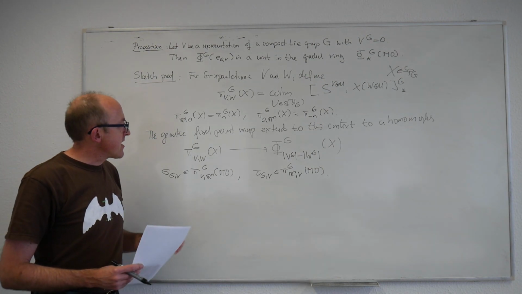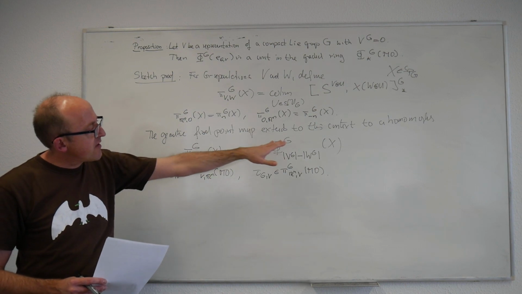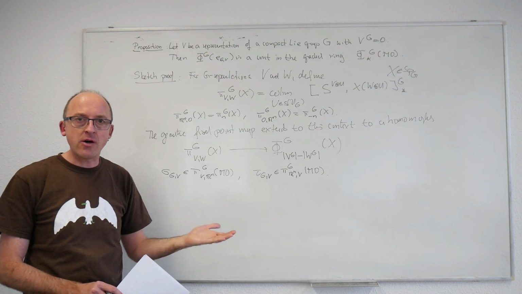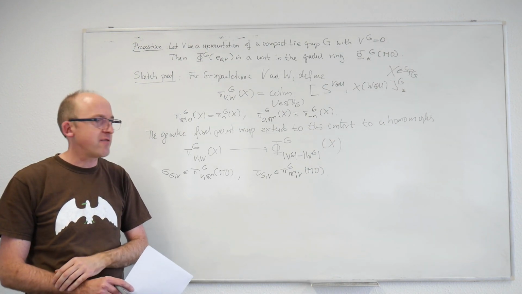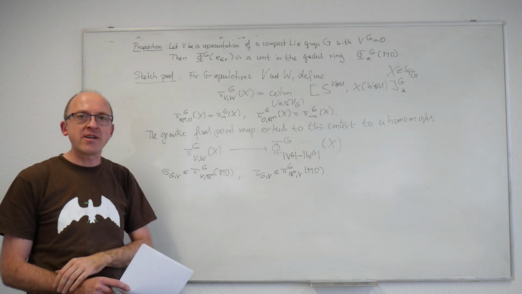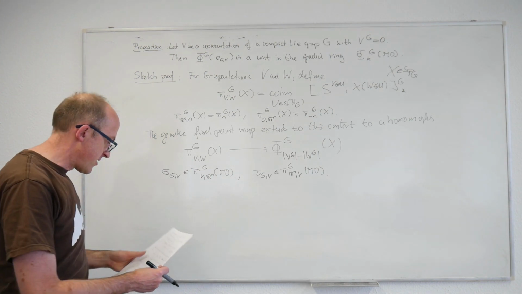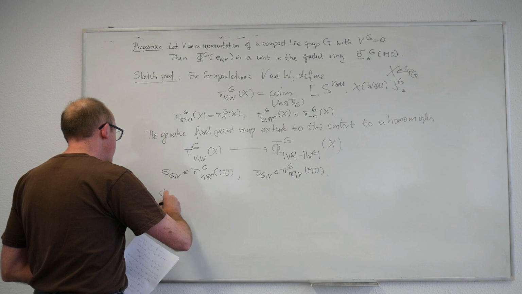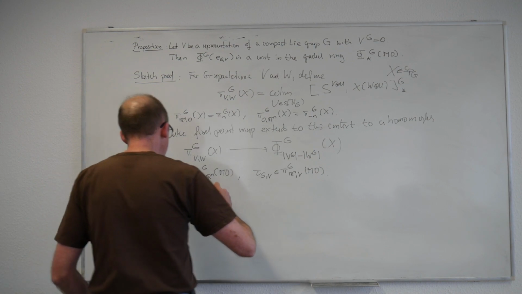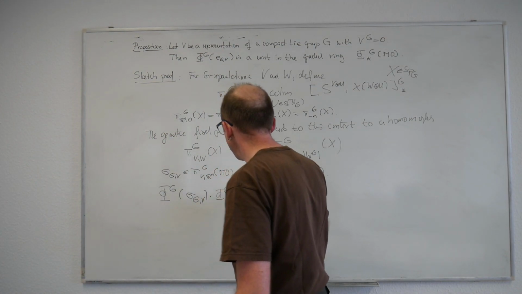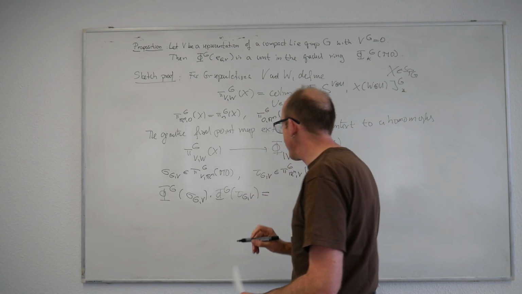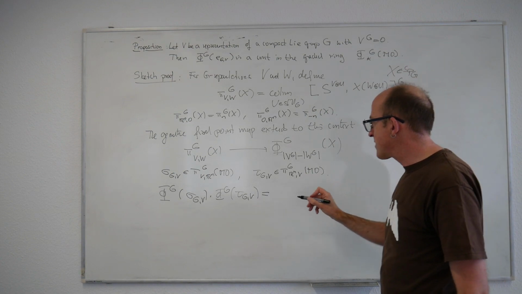Another thing I will use is that everything is multiplicative, so if the orthogonal spectrum X happens to have a ring structure, for example, as now in the strongest possible sense, a commutative point-set level multiplication, then these are all associative and, in a suitable RO(G)-graded sense, commutative multiplications. So in particular, we can take the geometric fixed point homomorphism, apply it to sigma G, V, and then multiply with the image under the geometric fixed point homomorphism of tau, V, because the geometric fixed point homomorphism of the ring spectrum MO is multiplicative.